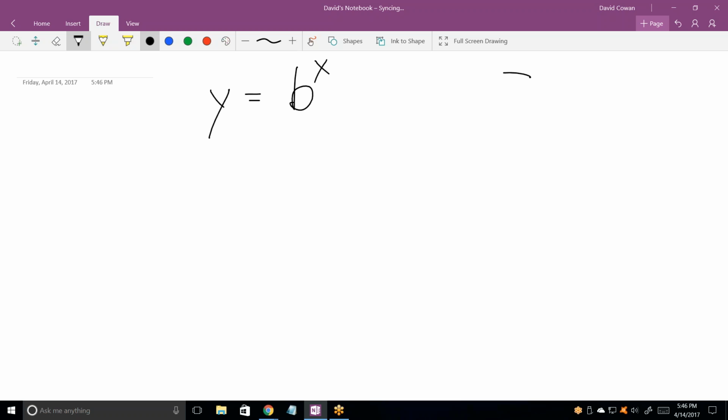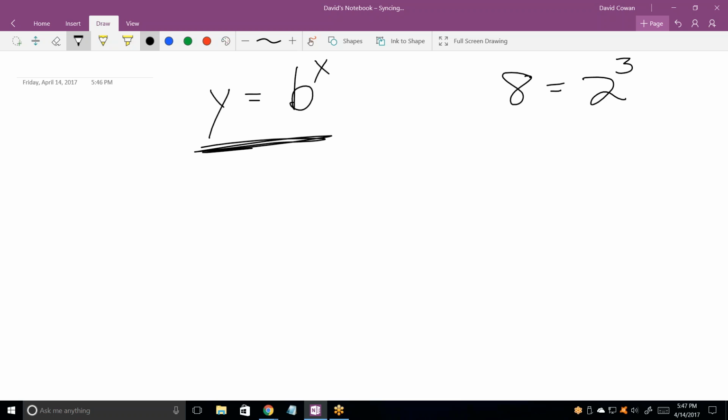For example, 8 equals 2 cubed. Okay? Now, you'll notice this expression over here, that's not an algebraic expression. That is an exponential expression. Why? Because the exponent is the variable.